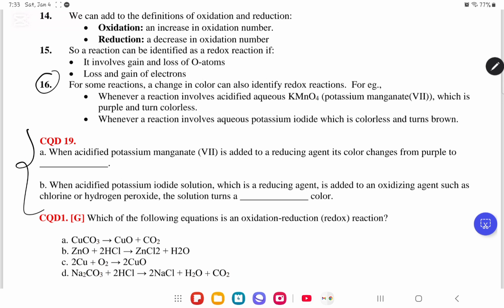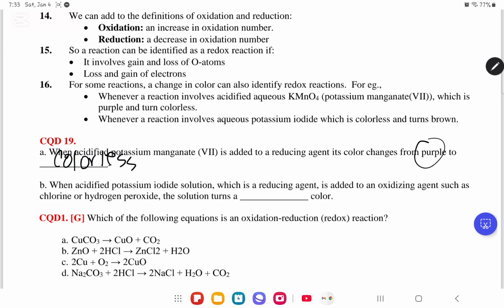For example, whenever a reaction involves acidified aqueous potassium manganate, which is purple, it then turns colorless. Whenever a reaction involves aqueous potassium iodide, which is colorless, it will turn brown. So this is all we need to know.